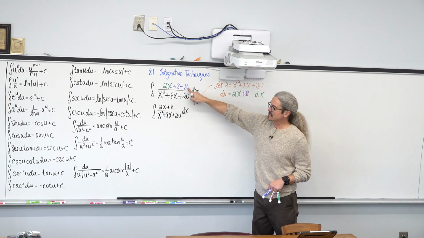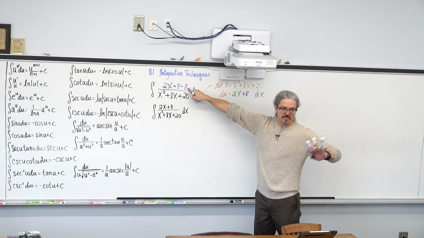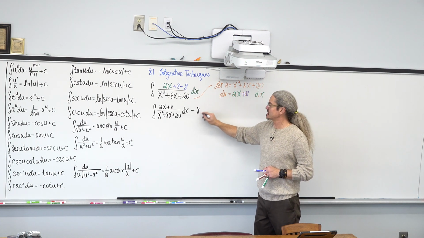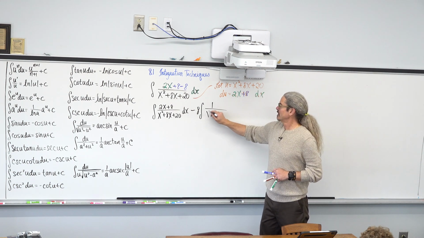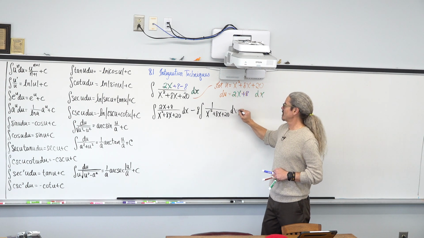And then I'm going to let this negative 8 be like that coefficient. Normally it's easier with integration if you let that coefficient float out in front of the integrand. So I'm going to have a minus 8 times the indefinite integral of 1 over x squared plus 8x plus 20.